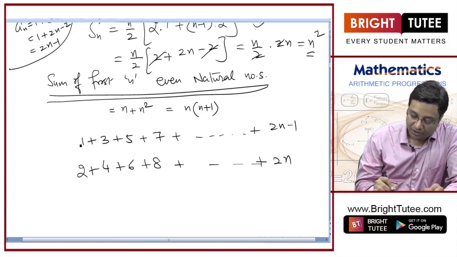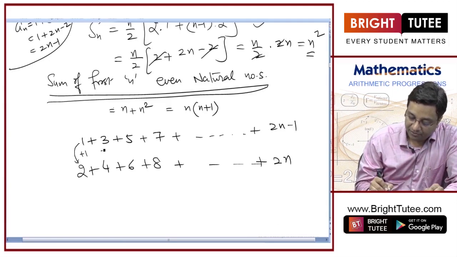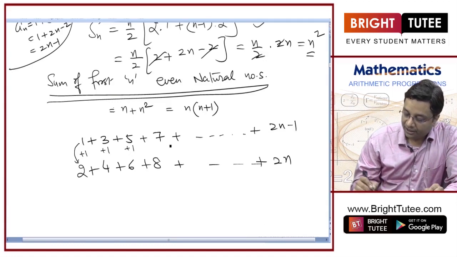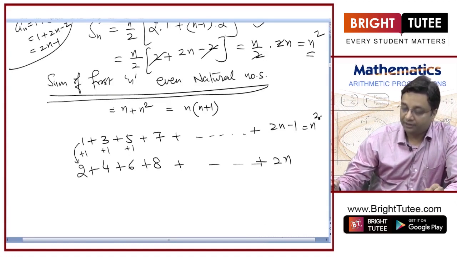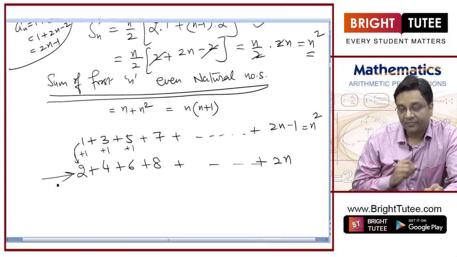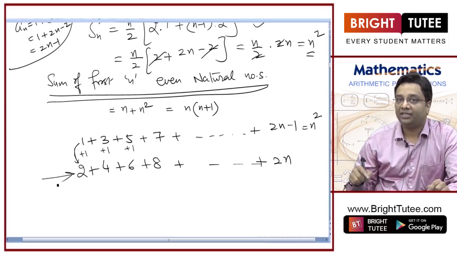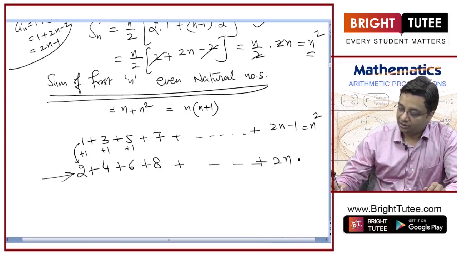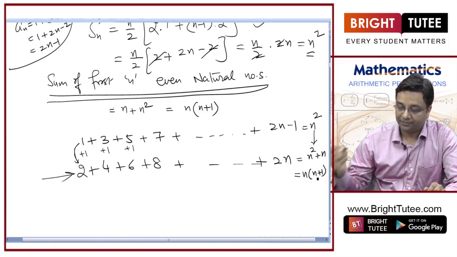How do I go from this AP to this AP? By adding 1 in every term, right? What was this sum? This was n square, right? And how do I obtain this sum? Next, this one, by adding 1 to each term. How many times do I add 1? n times. So I can add n in this directly. It will give me n into n plus 1, right?